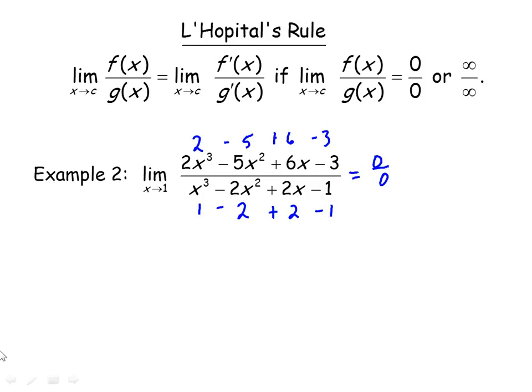Well, from Cal 1, if plugging it in doesn't work, what's the next step? Algebra. Try some algebra. Do you see 4 terms? We talked about this last time. If you see a 4-term polynomial, what's the only way you know how to factor it? By grouping. Factor by grouping. Well, let's try the numerator.